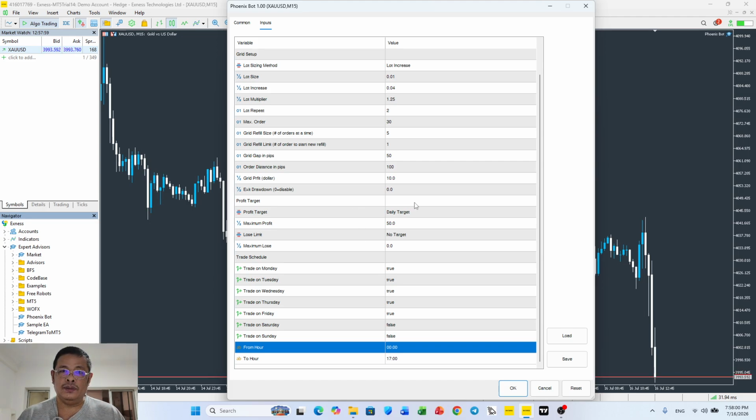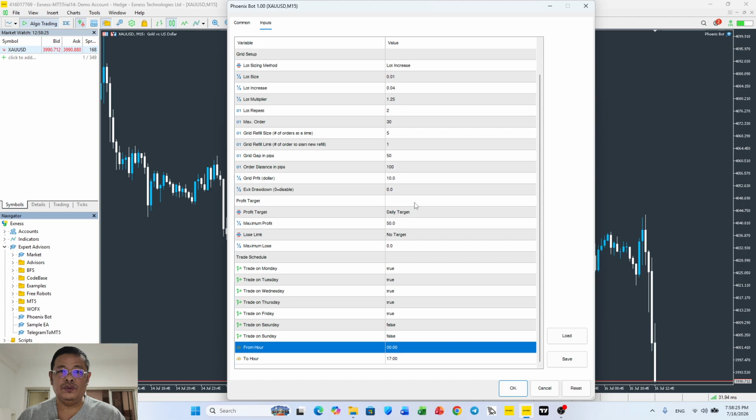Once again, I recommend you do backtesting. Don't run this EA right away on your account. You could lose your money using this bot. Not only this bot, with any EA you could lose your money if you don't find the right setup.